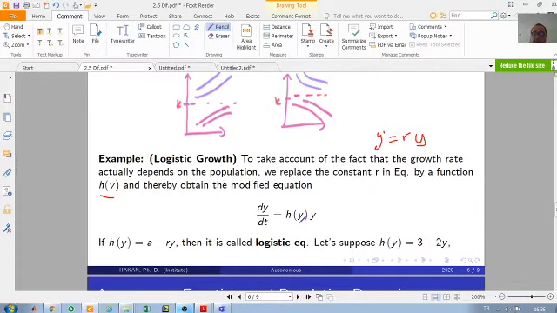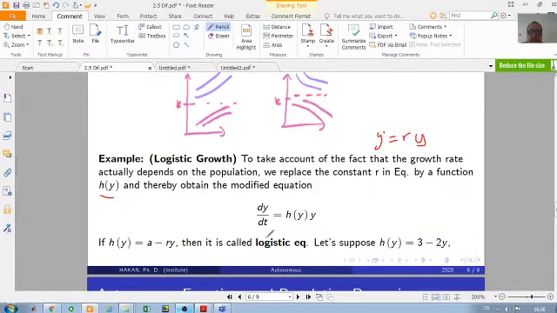H of y is written to take account of the fact that the growth rate actually depends on the population. The growth rate r is not a constant here. It depends on the population.